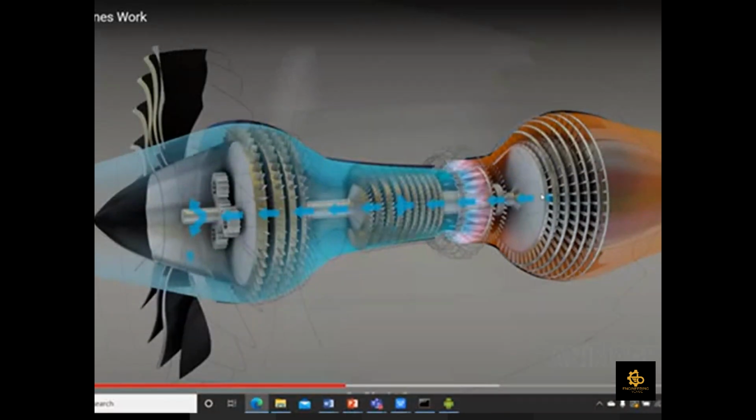And as you can notice, it is combined with the same shaft. Your compressor is on the same shaft, your combustion chamber is also on the same shaft, and the turbine is also on the same shaft. So some part of the energy which is developed in your turbine section will go back to your compressor section, and we use this work also in order to drive the compressor.